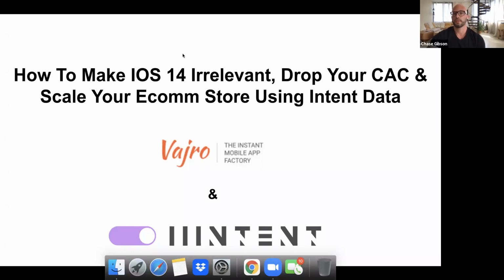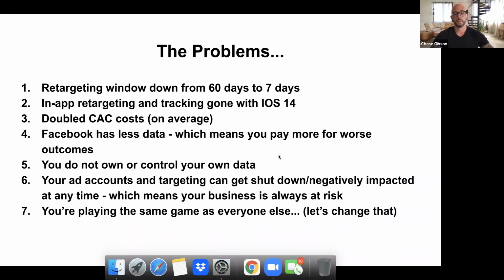So I want to walk you guys through how to use machine learning and data science to make that relevant for your business, drop your customer acquisition costs, and scale your e-com store. And we're going to do this in a way that you probably haven't seen before, using some different types of technology that we've been developing over the past few years.